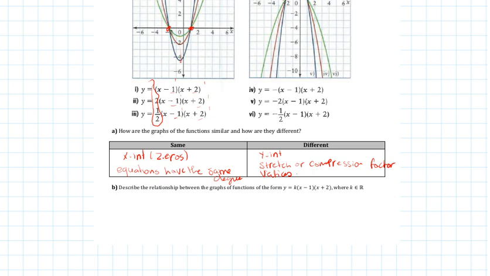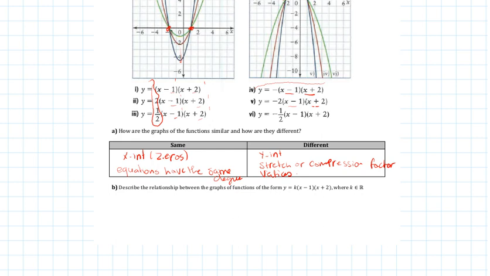So what you see here is that all of these equations, equation I, II, III, all of them, have the same factors. The only thing I'm changing is the a value, or in this case, we're going to call it the k value. Okay, so we call these a family. These are a family of graphs.